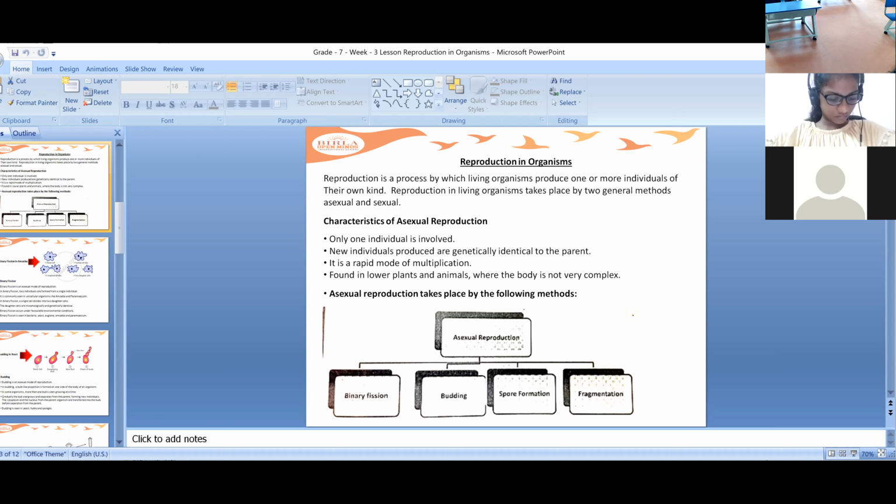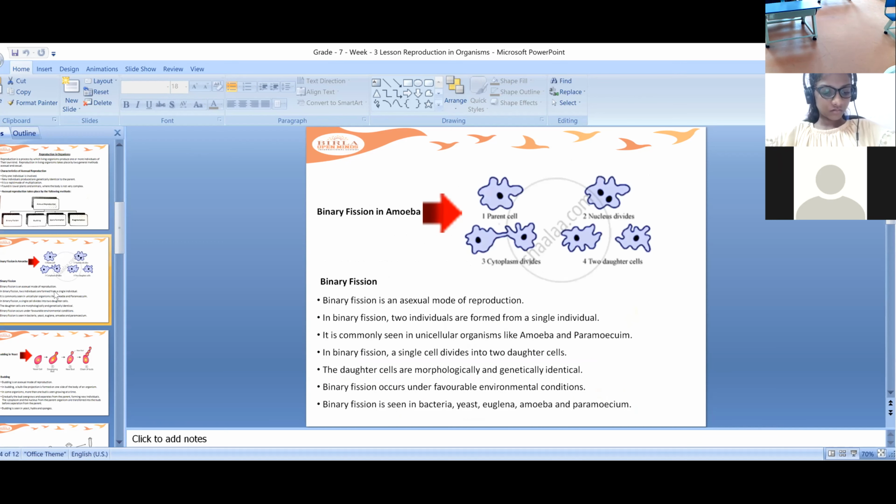So here, firstly we'll see binary fission. Binary fission is the first part of asexual reproduction. In the case of amoeba, binary fission is the asexual mode of reproduction.